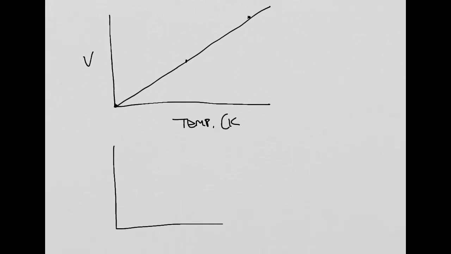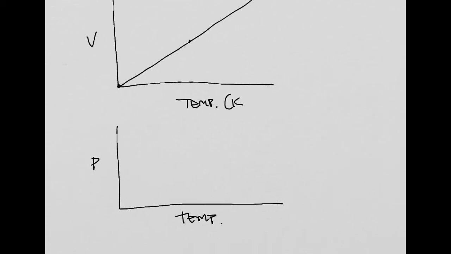And if we did the same thing, but this time instead of a flexible volume, we put it into, say, a glass container that couldn't change in size, and we bring it inside after it's been outside, then at a low temperature we're going to have a relatively low pressure inside that fixed volume container, whereas at a high temperature, the molecules are going to be flying around, smacking into the side of the container at a higher rate of speed, and as a result, that will increase the pressure.